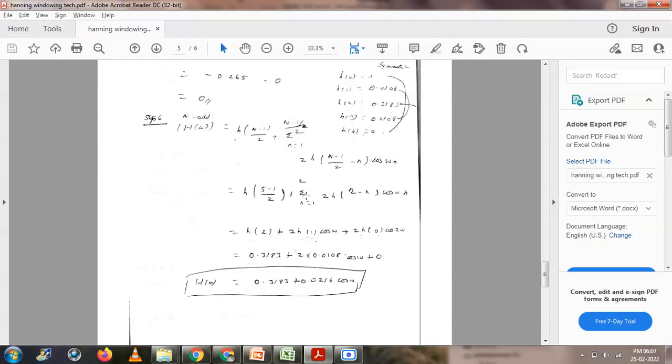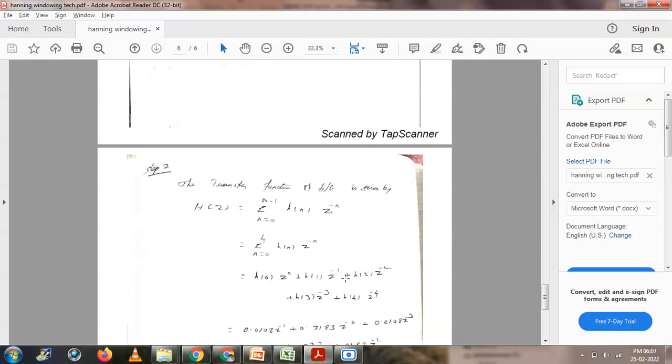So just apply the formula, the value of n is 5, then summation 2h of 2n minus 1 cos n omega. So we just know that h of 2, 2h1 cos omega, 2h0 cos 2 omega, we already have the values h of 0, h of 1, h of 2, so just apply the values and you got 0.318 plus 2 times 0.0108 cos omega plus 0. So this is the final answer 0.3183 plus 0.216 cos omega.